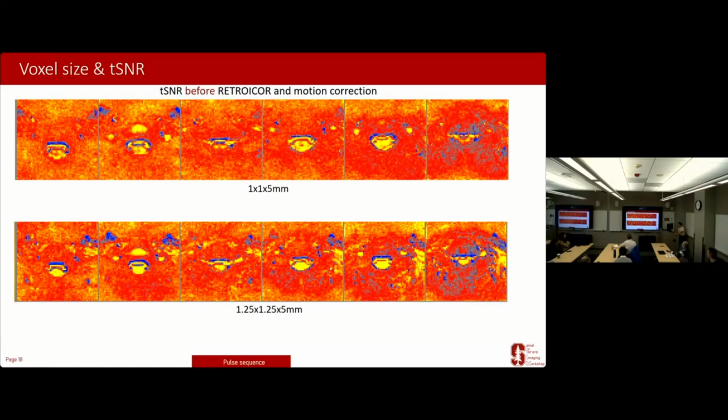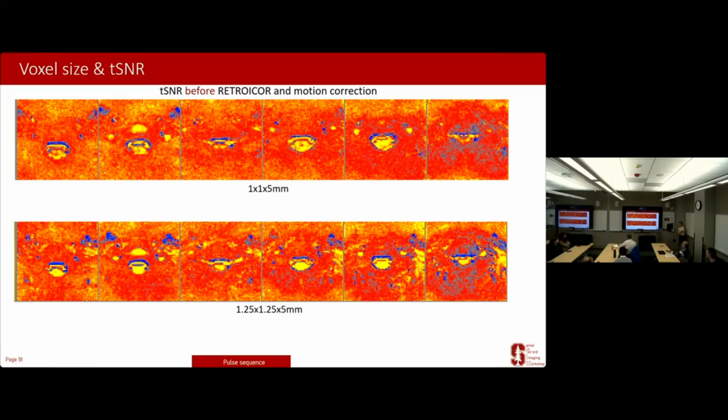What about the TSNR? These are the TSNR maps from the images that are shown. I kept the color scale maximum at 20, so the yellow color represents TSNR of 20 or more. As you can see, going from 1.25 to 1 in-plane resolution, as you can expect, there's a drop in TSNR.